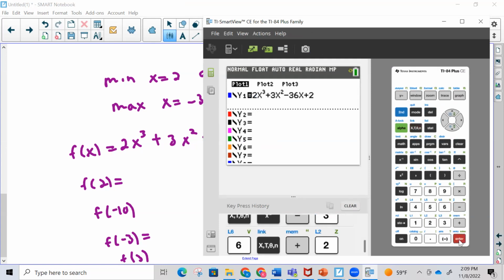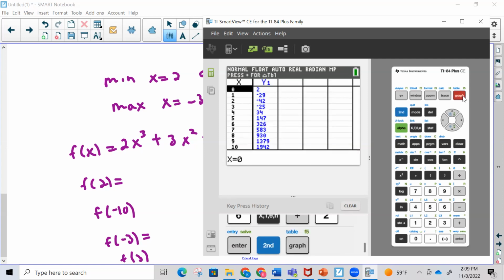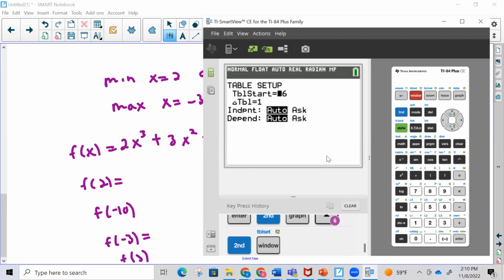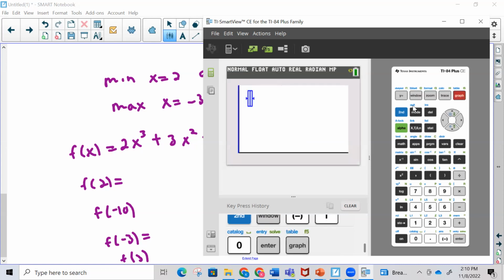Okay, we're putting the original function in, and then I would just go to second table. And if you don't have it, you can go to second table set and put where your table starts. So I want it to start at -10 and go up by 1, or you can also go to independent and then change it to ask. So you can just type them in and then second table.